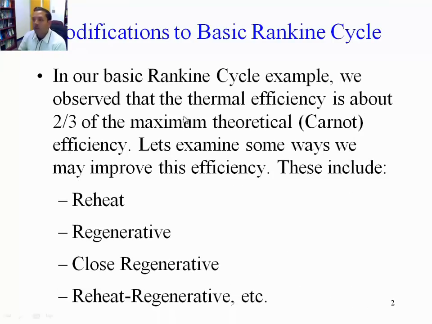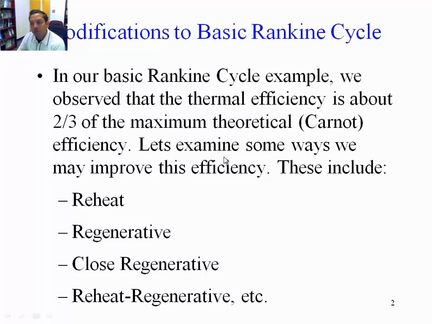There are a few modifications that can be performed to the basic Rankine cycle, with the sole purpose of increasing the overall cycle efficiency. In our basic Rankine cycle example, we observed that the thermal efficiency was about 2/3 of the maximum theoretical, or Carnot, efficiency. Now let's examine some ways we may improve this efficiency.